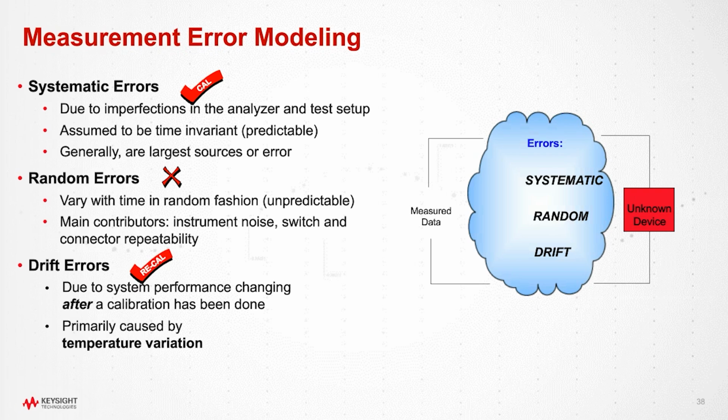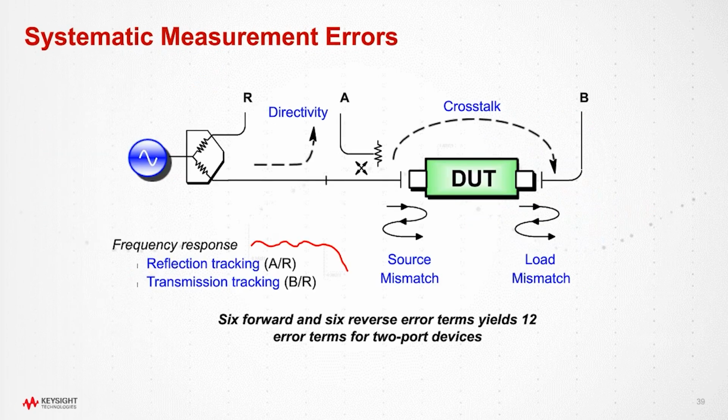Finally, drift errors are things like the instrument or the cables drifting from their calibration due to a change in temperature or just over time. The best way to get rid of these is also to recalibrate. There are actually modules you can get nowadays that sit in your measurement setup, and with the push of a button, you can immediately take it back to its calibration state. So that's pretty cool.